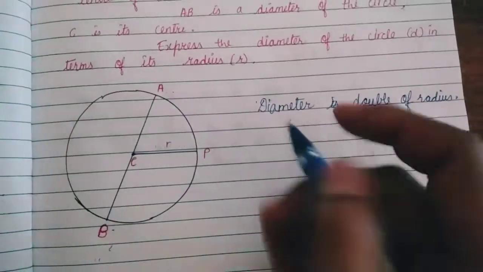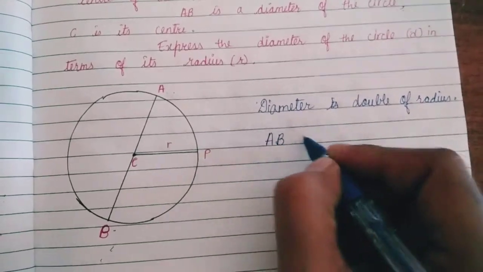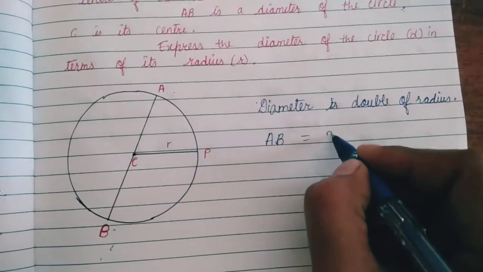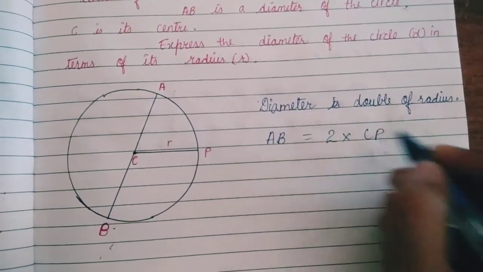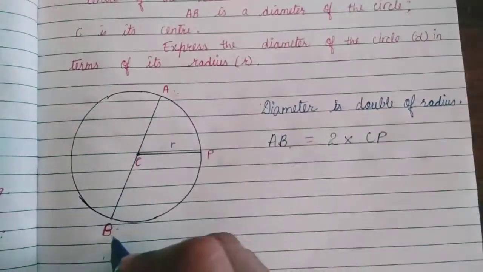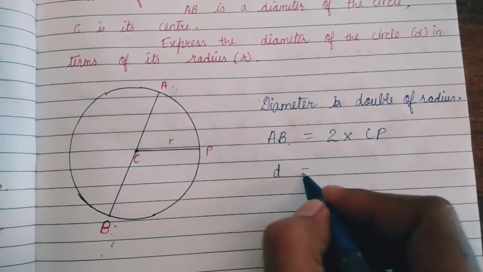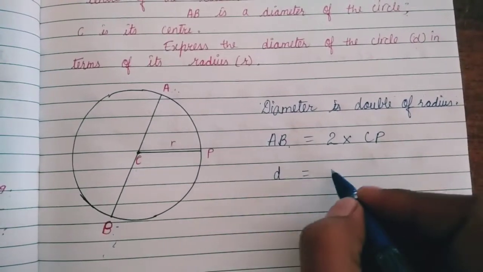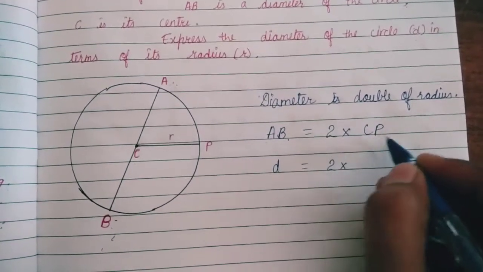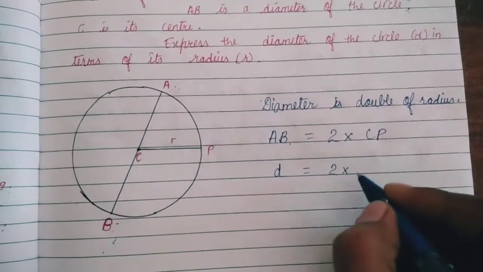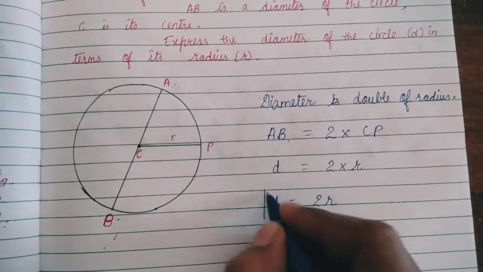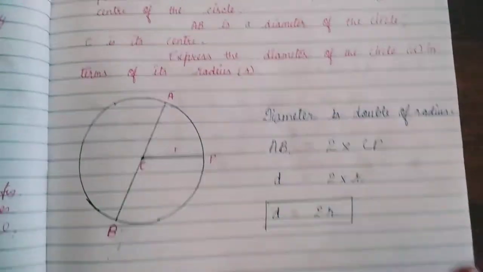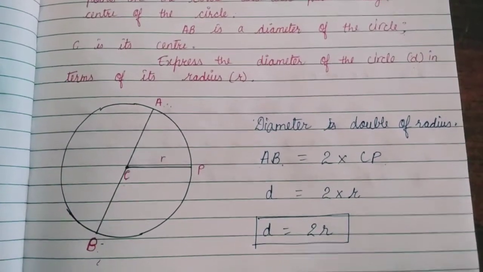So diameter AB is double the radius, so 2 into radius, which is CP. AB is the diameter, so it will be shown by D, 2 as it is, and CP is shown by R. So diameter is 2 into radius. This is the solution of the fourth one.